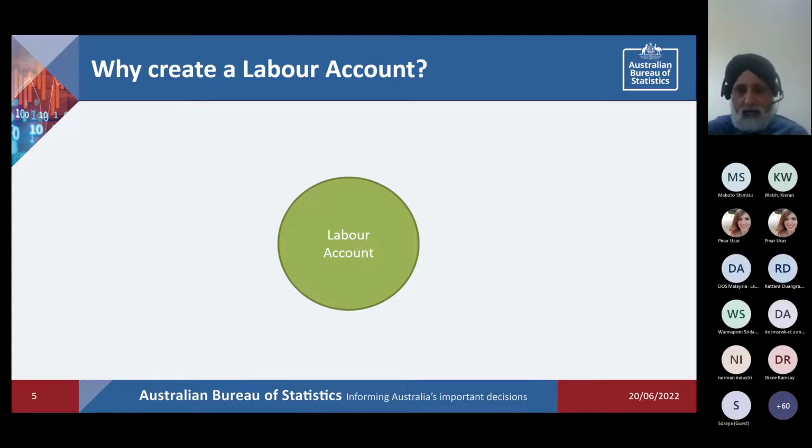So from Australia's point of view, in terms of addressing the initial question flagged by our external users, the labor account is not only able to provide a coherent picture of the labor market, there is also beneficial flow-on into the national accounts as well, which I'll cover in my upcoming slides. Next slide, please.